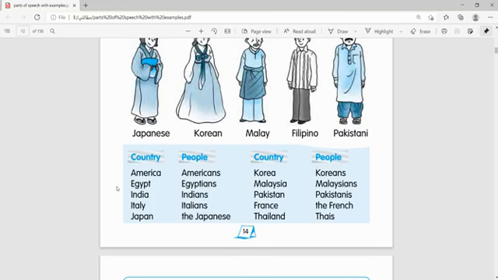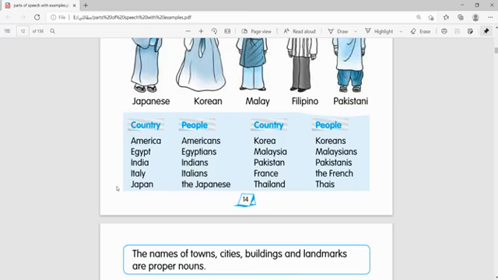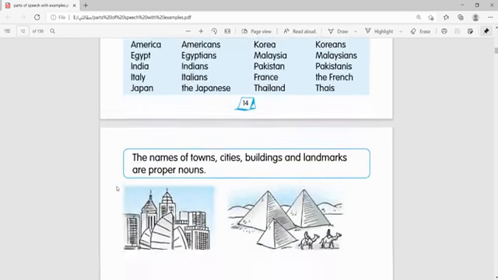United Arab Emirates, Emirati. Bahraini, Kuwaiti, Qatari. All such types of people. Okay. Iranian, the people who belong to Iran. Africa, African. Clear? Morocco, Moroccan. All these are proper nouns. Those people belong to those countries.